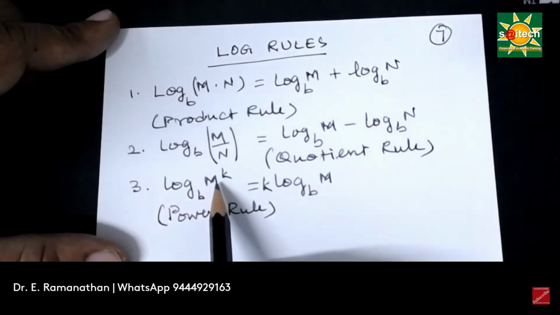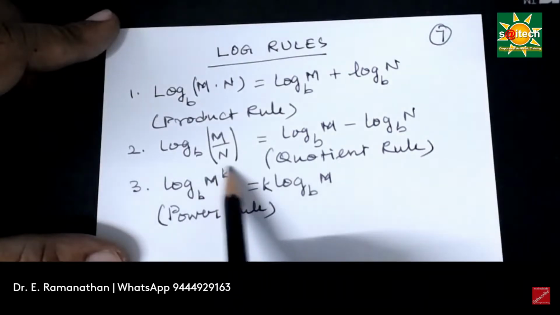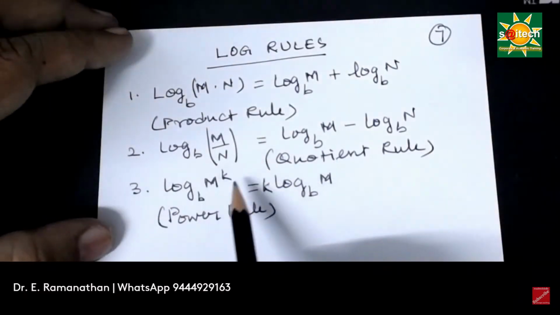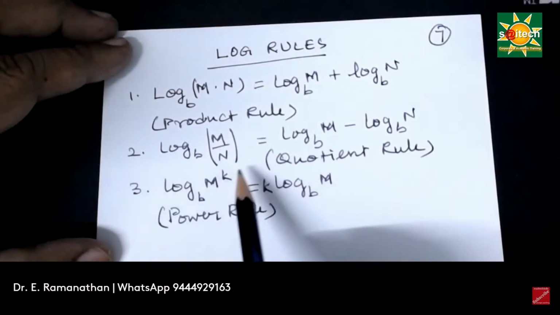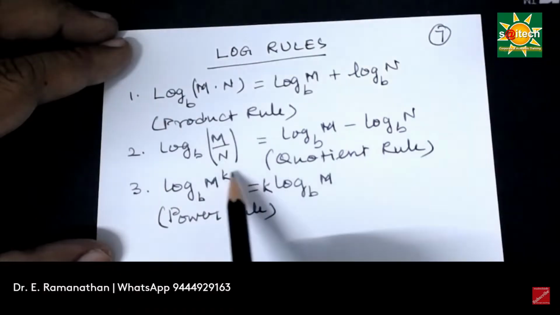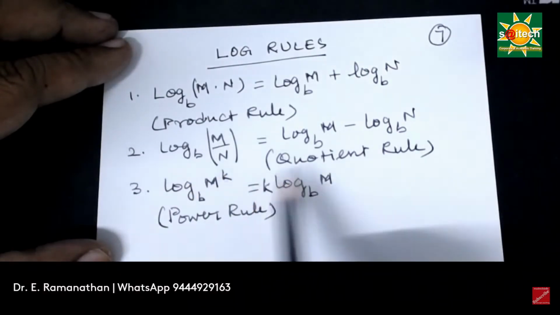Log m power k to the base b. Here this power comes to the next one, that is, to the coefficient. Log m power k to the base b means this k comes to the coefficient.